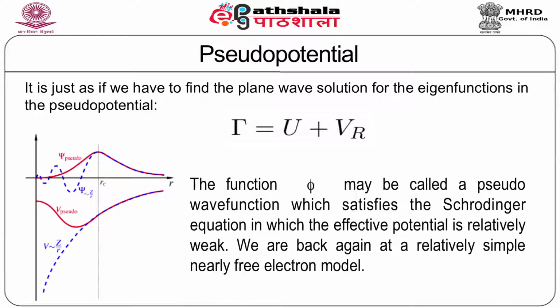This function phi may be called a pseudo wave function, which satisfies a Schrödinger equation having an effective potential which is relatively weak. With this, we are back again at a relatively simple, nearly free electron model.